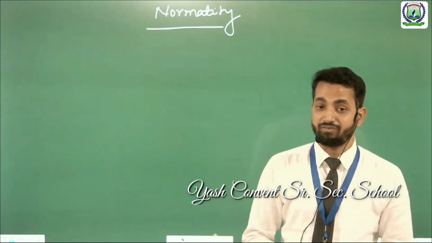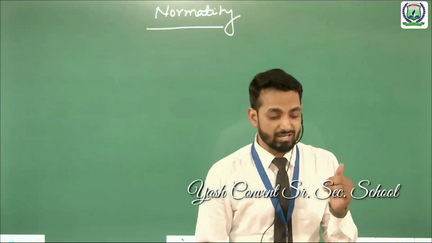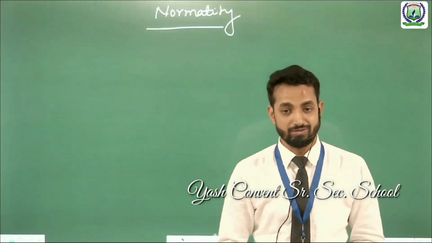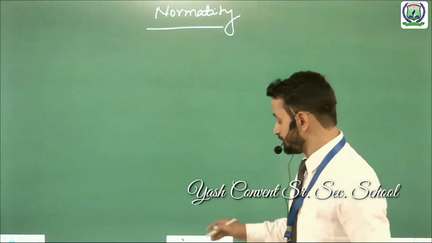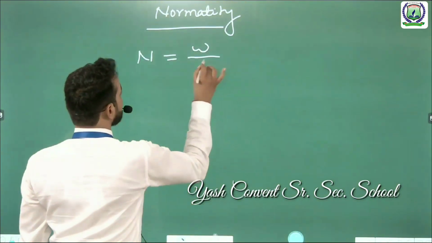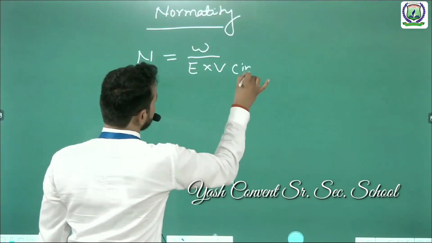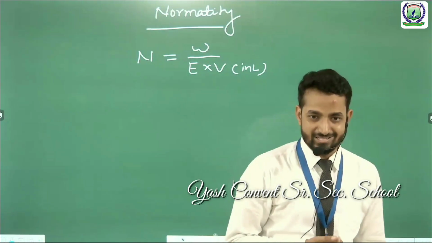The formula of normality is the number of gram equivalents present in 1 liter of the solution. It's called normality. Normality is equal to W upon E into V in liter. Normality is a concentration term.